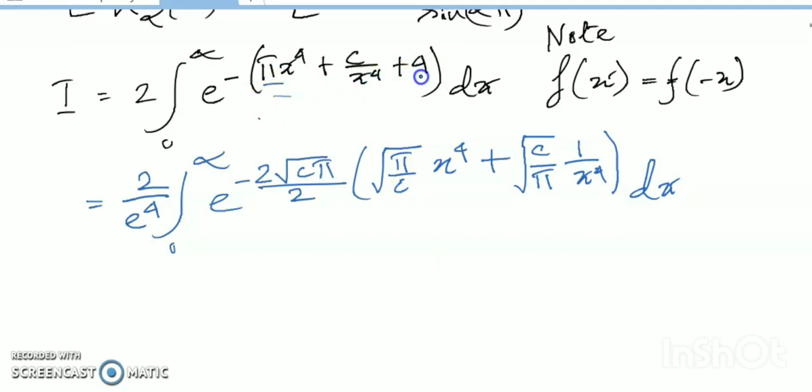So 2 divided by e to the power 4 is equal to c by pi.